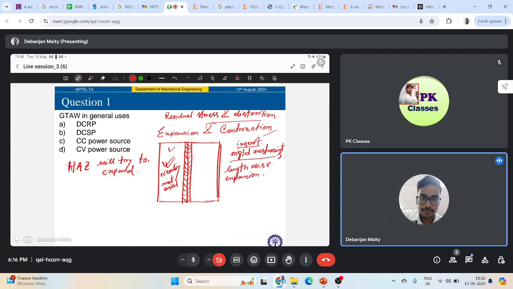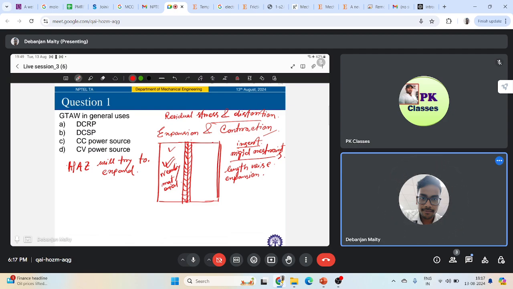So this resistance is often sufficient to induce deformation of the thermally expanded heat affected zone, right? So how does it look in terms of residual stress?